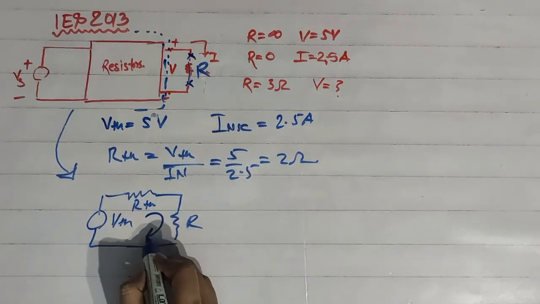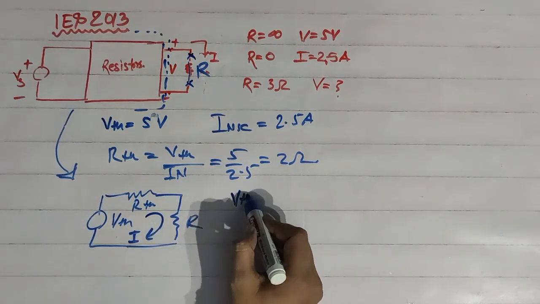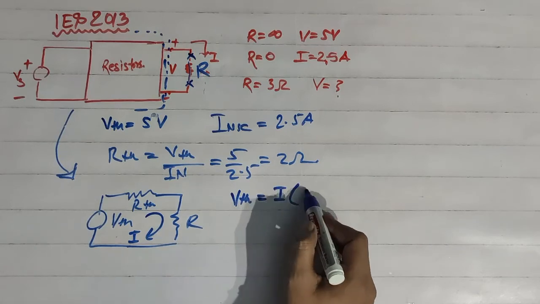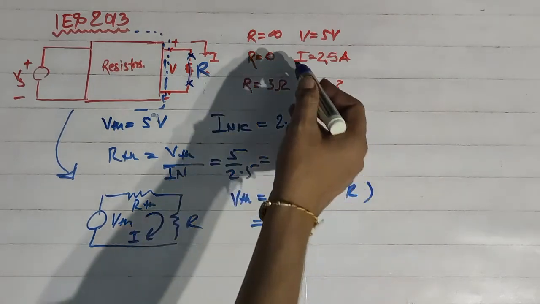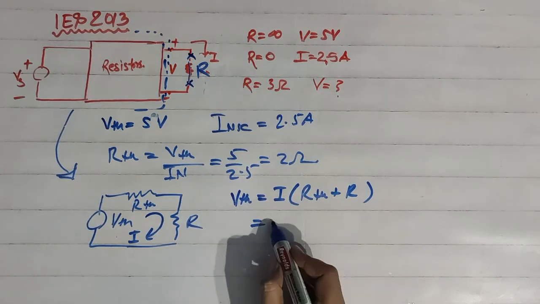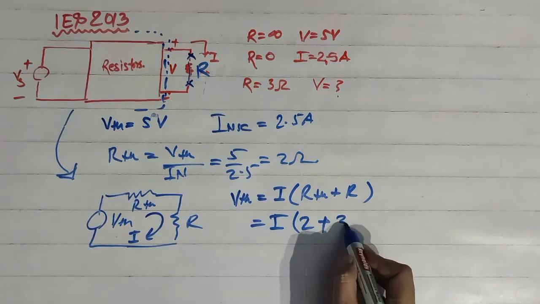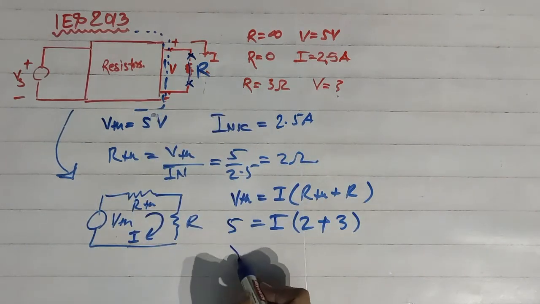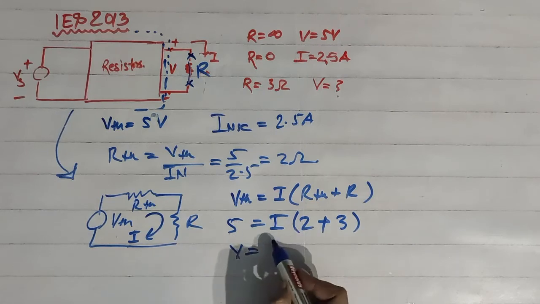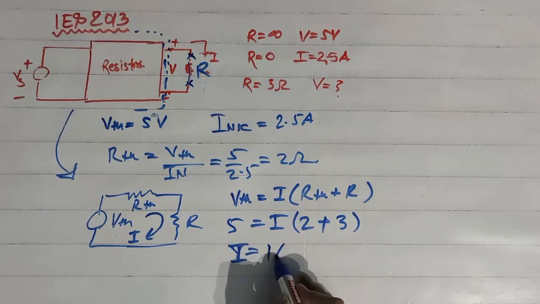So suppose current in this loop is I. So we can write the equation as VTH is equal to I into RTH plus R. Here RTH we have calculated is equal to 2 ohm. So 2 plus, and what is resistance R? That is equal to 3 ohm, and VTH is equal to 5 volt. We get I is equal to 5 by 5, that is, I we get is equal to 1 ampere.